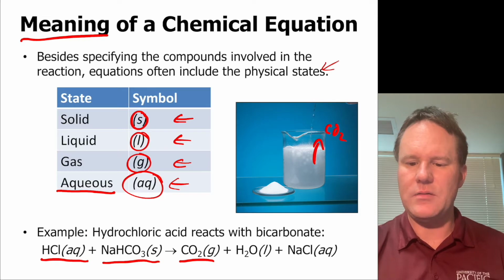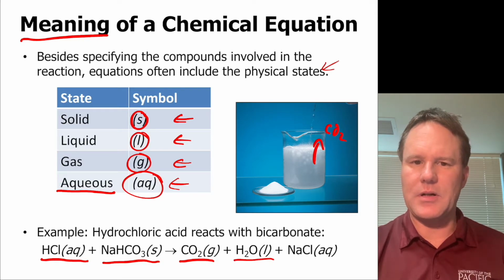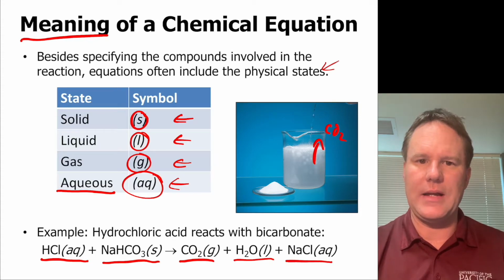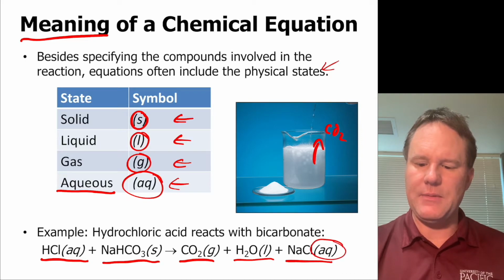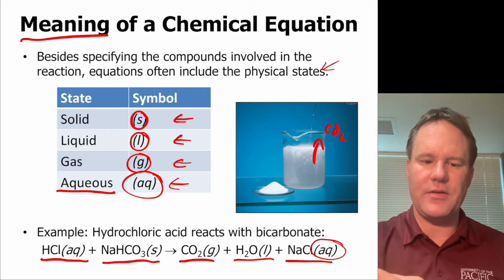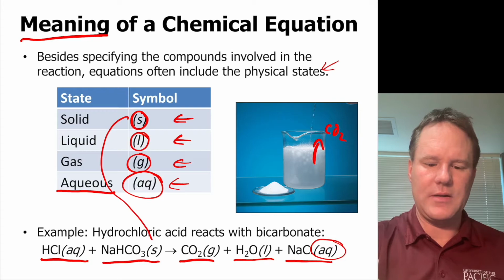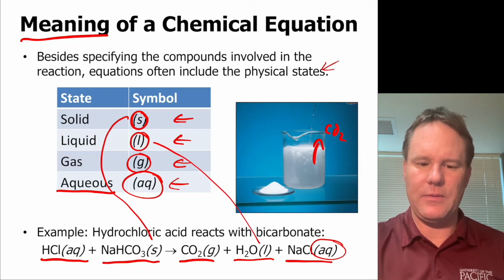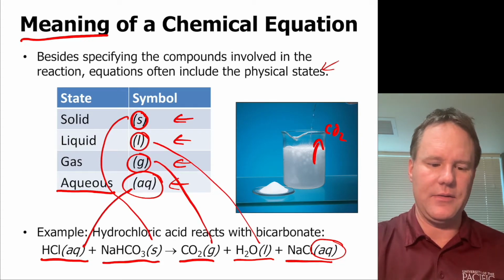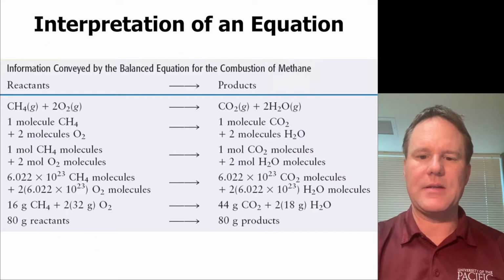Then it forms liquid water, which you have there anyways as the solvent. And then the product is going to be sodium chloride or salt. And then it's aqueous because it stays there dissolved, right? So you have all four of these. You have a solid, you have a liquid, you have a gas, and then you even have ones in the aqueous solution.